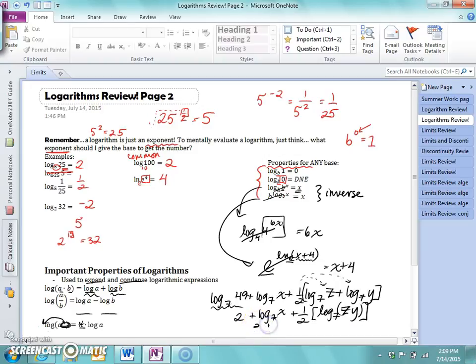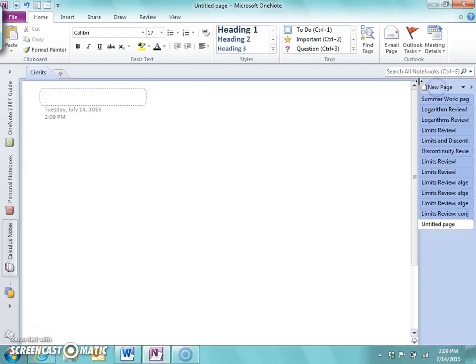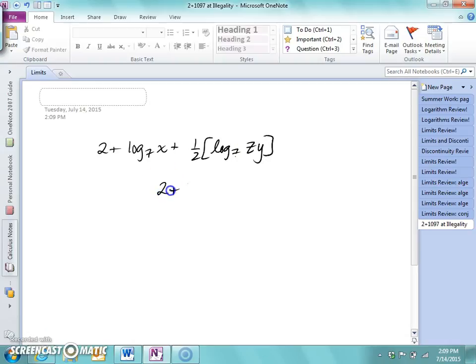So I have 2 plus log base 7 of x plus 1/2 log base 7 of zy. What I'm going to do next is, so I have log base 7 of zy.